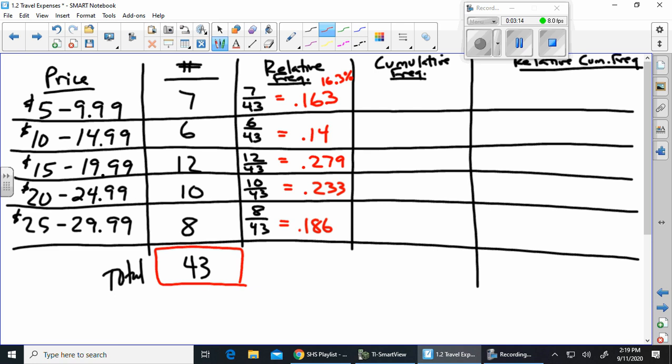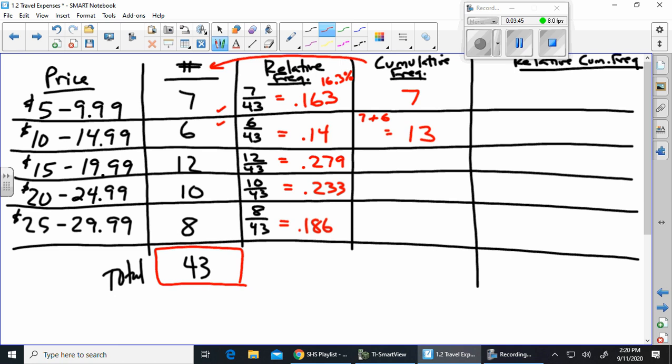So cumulative frequency goes back and looks at this. From 5 to 9.99, there were 7. But this really is saying from 5 to 14.99. So to get this, you're looking at this column and this column. 7 plus 6, which is 13.